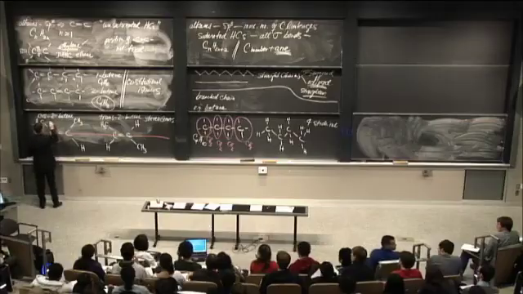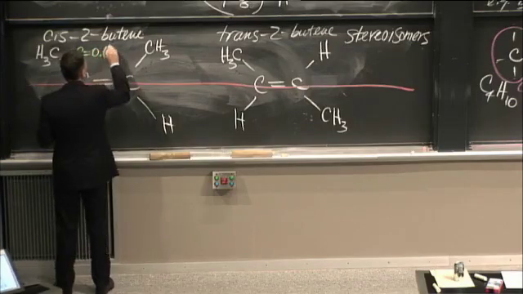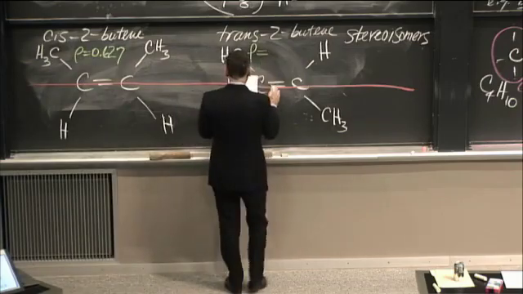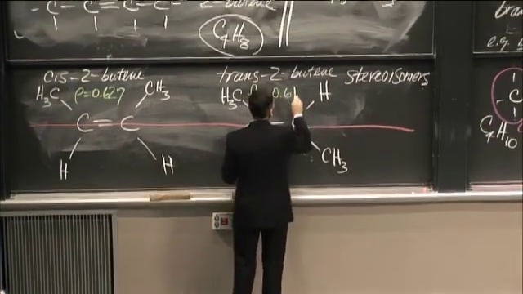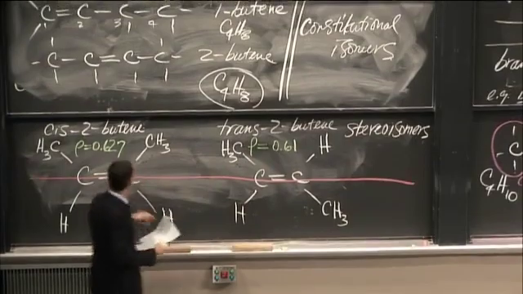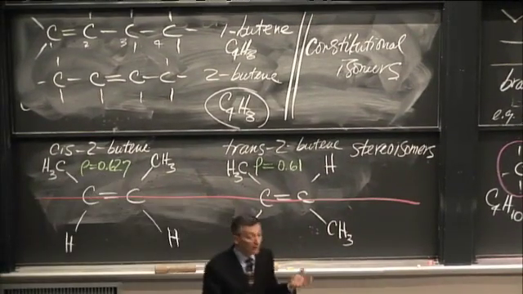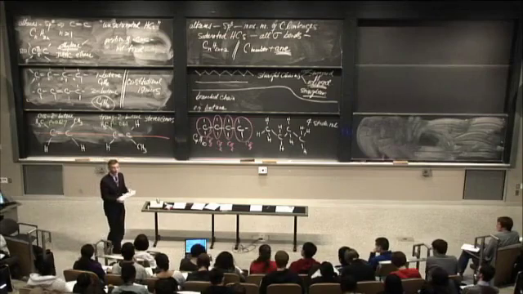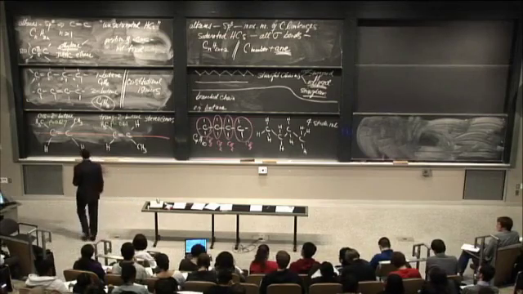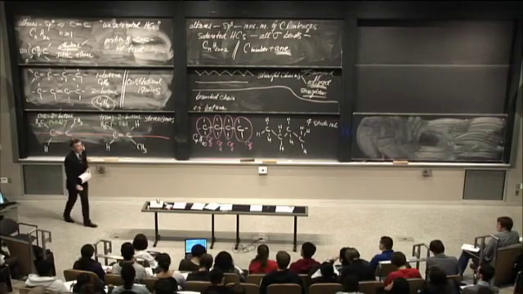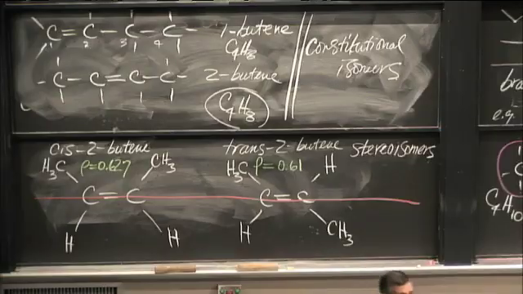The density here is 0.627, and the density here is 0.61. Now, which one's going to have the higher boiling point? Gee, that should be a no-brainer. Once you know which one's got the higher density, why does it have the higher density?